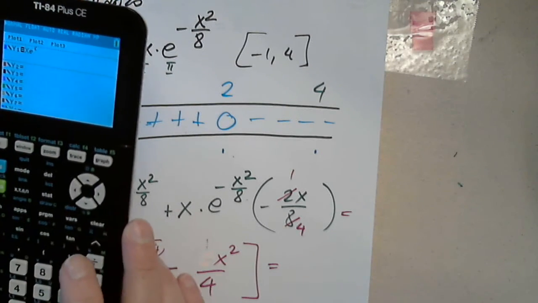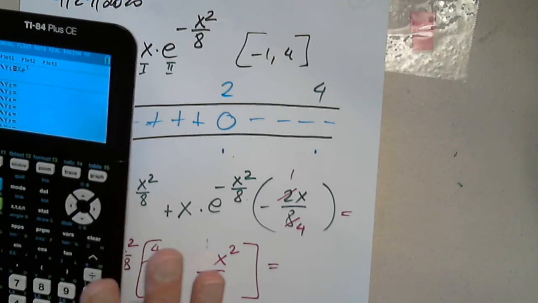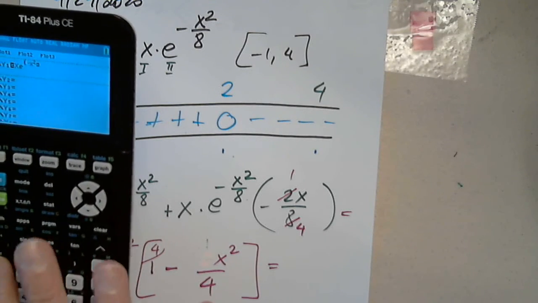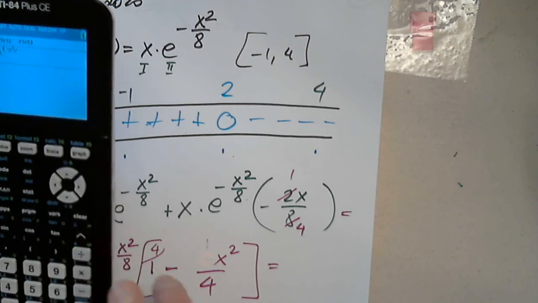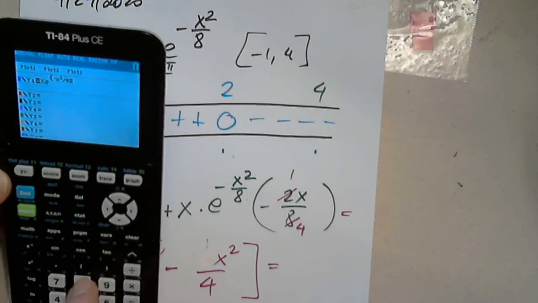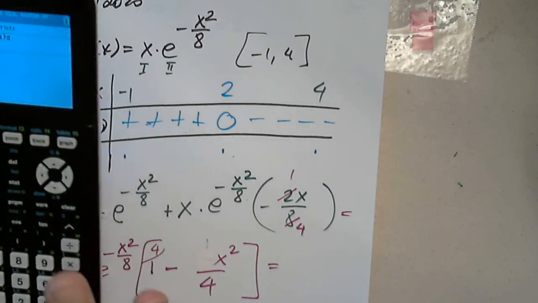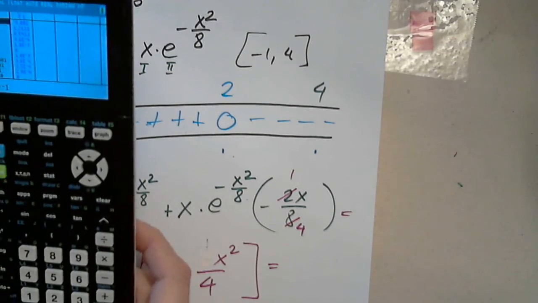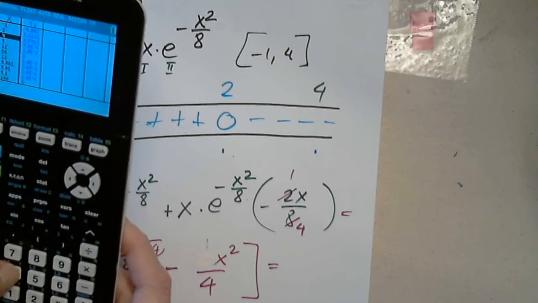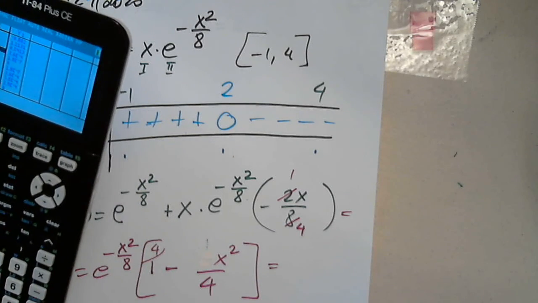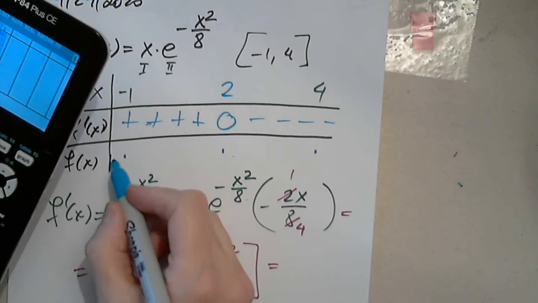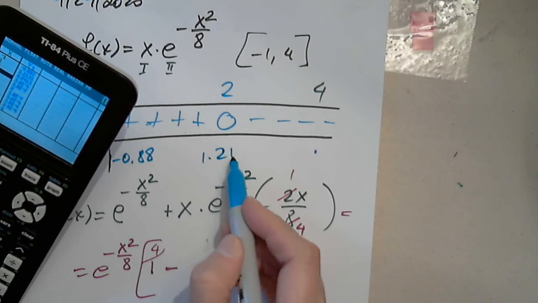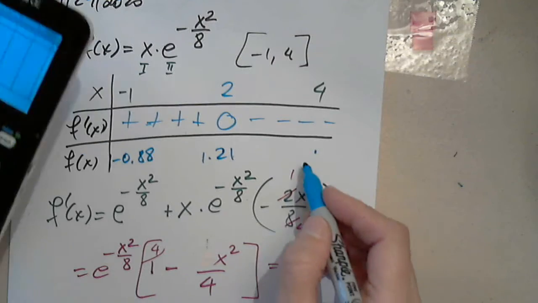I don't know whether you will perform the correct operations without the parentheses, but I like to be conservative on that. So I put parentheses. Second and table, I want -1, 2, and 4. So I see for -1, -0.88, for 2, 1.21, and 0.54.